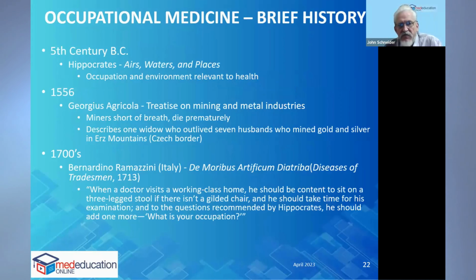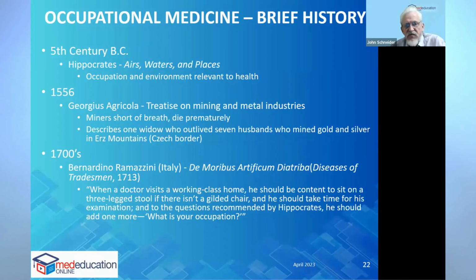Okay, so a brief history. Occupational medicine, if you like, goes back to Hippocrates when he's considering the health of people. And it was recognised centuries ago that the occupation and the environment are related to health.